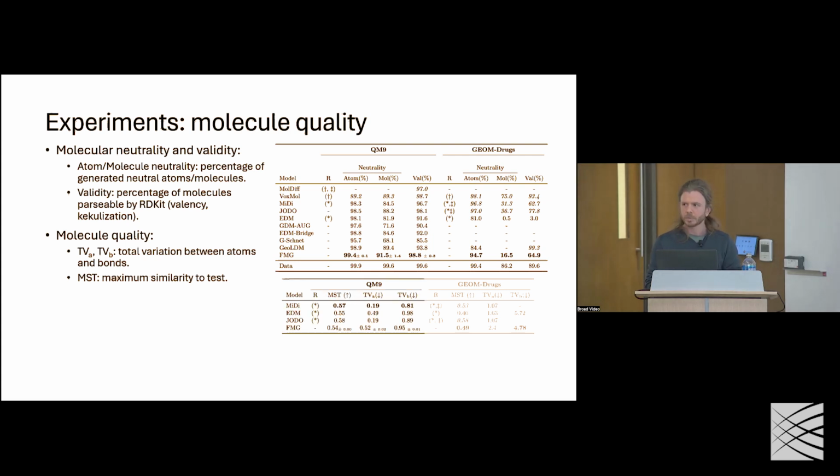Could you briefly elaborate what you mean with similarity here again, and how you would measure or score this? What's the metric? Yes, it's the Tanimoto similarity between Morgan fingerprints, where the Tanimoto, if I remember correctly, is just the intersection over union of the exact same fingerprints, which are some Morgan representation of molecules.